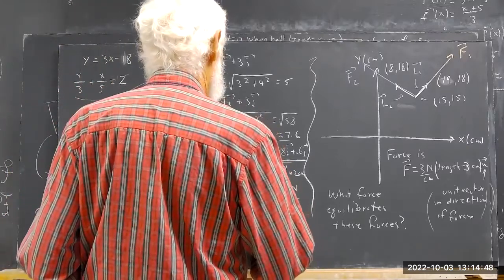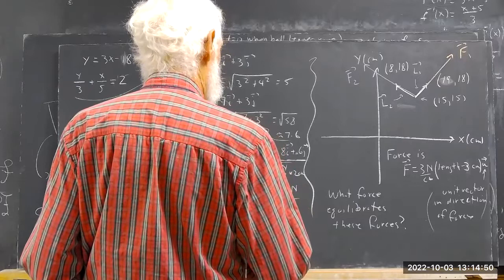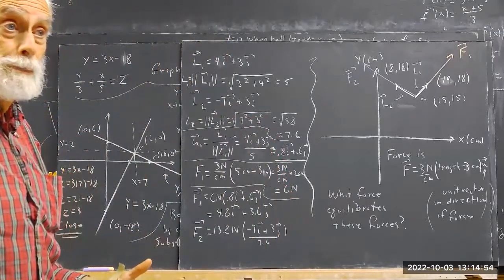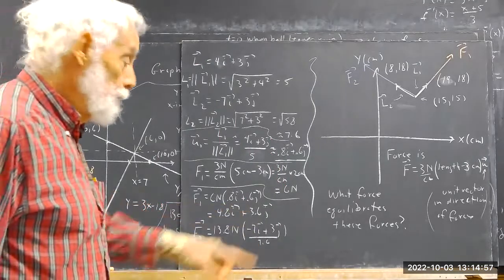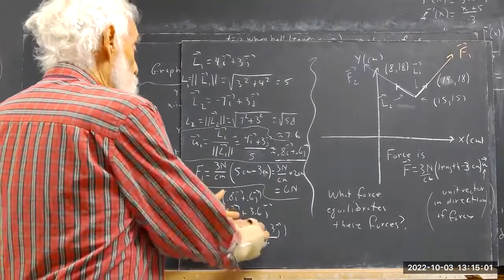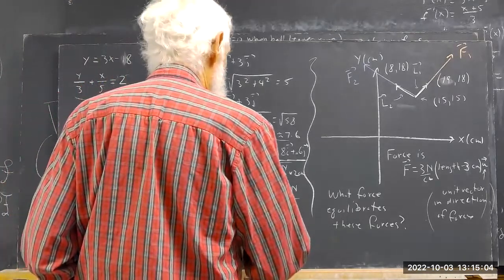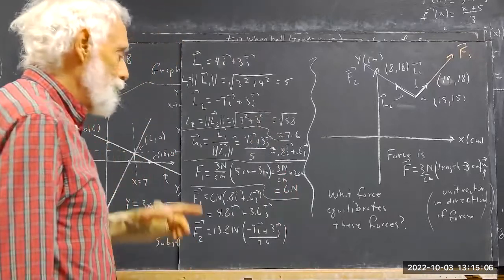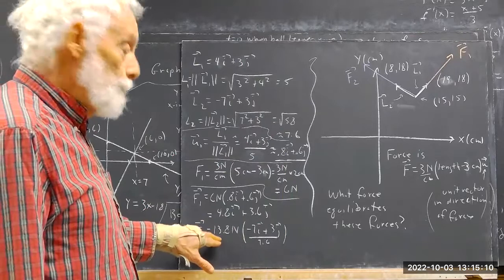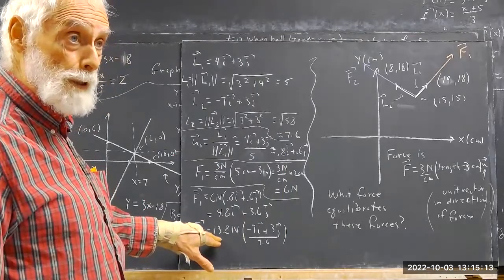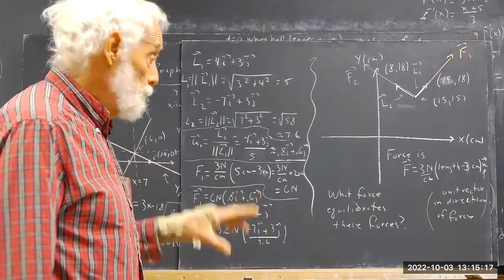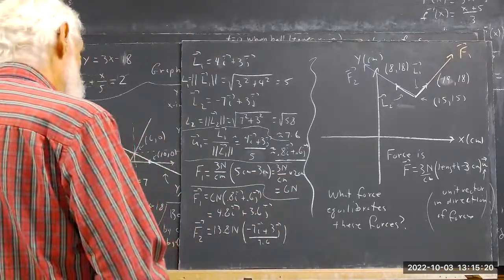Now you could do this over your 7.6, and this would now be a unit vector, right? That would be a perfectly good step, but you have to make sure you understand the concept: you're going to change the magnitude of the force if you multiply it by any vector that isn't a unit vector. So you want to be sure you totally understand that.